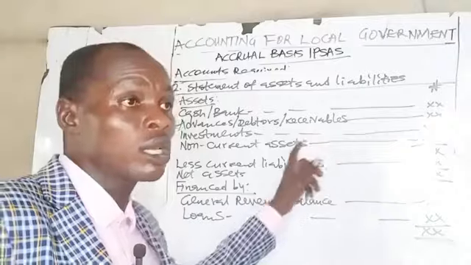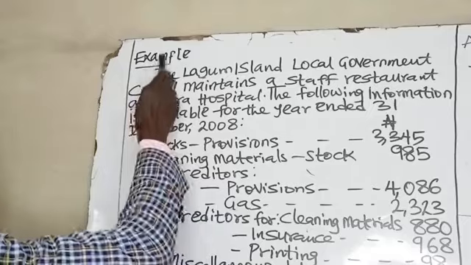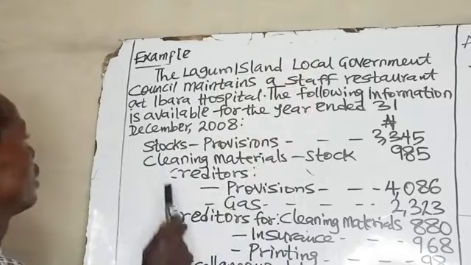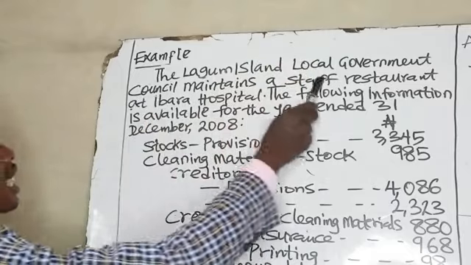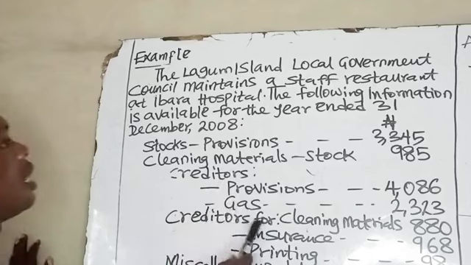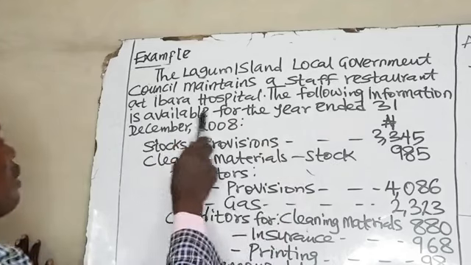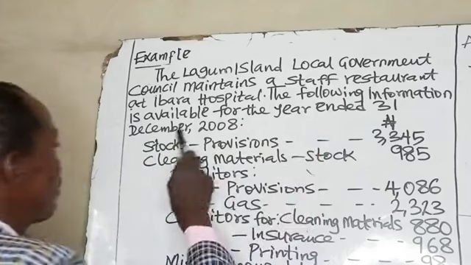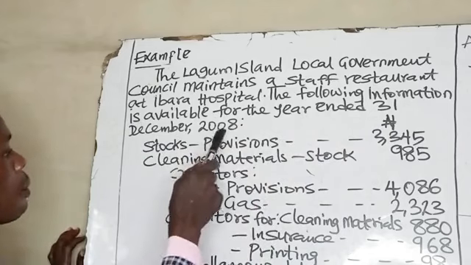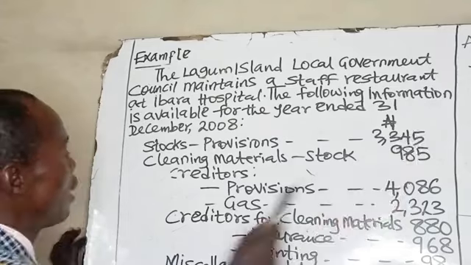Now I want to take a question as a worked example. Keep watching. Example: the Lagom Island Local Government Council maintains a staff restaurant at Ibara Hospital. The following information is available for the year ended 31st December 2008. Stocks, provisions, 3,345.